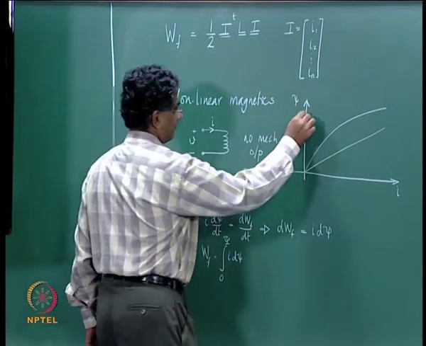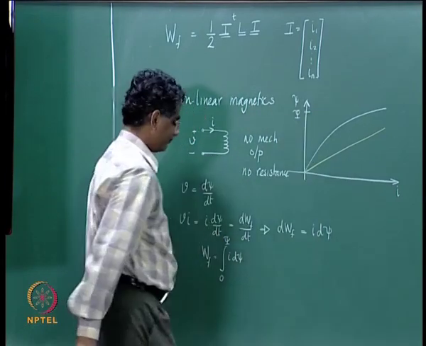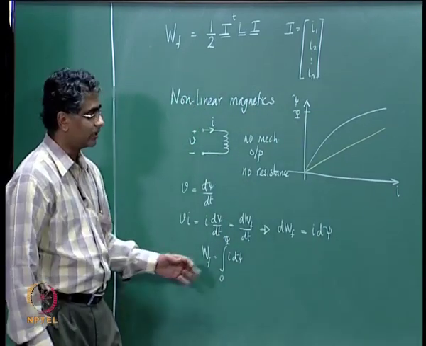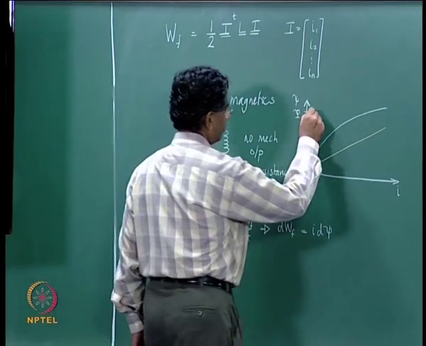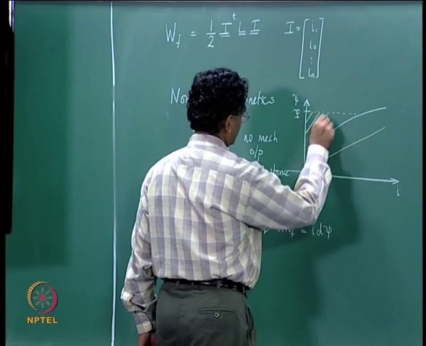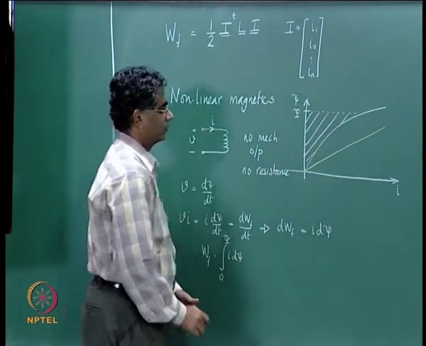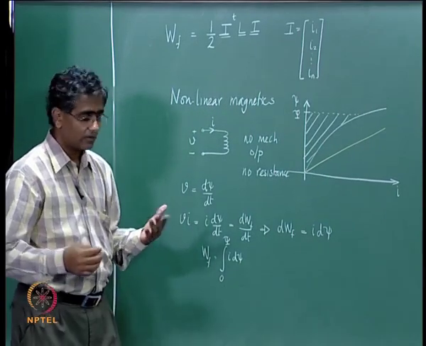If this is your final flux linkage psi, this integration would give you this area, so that area represents the field energy.